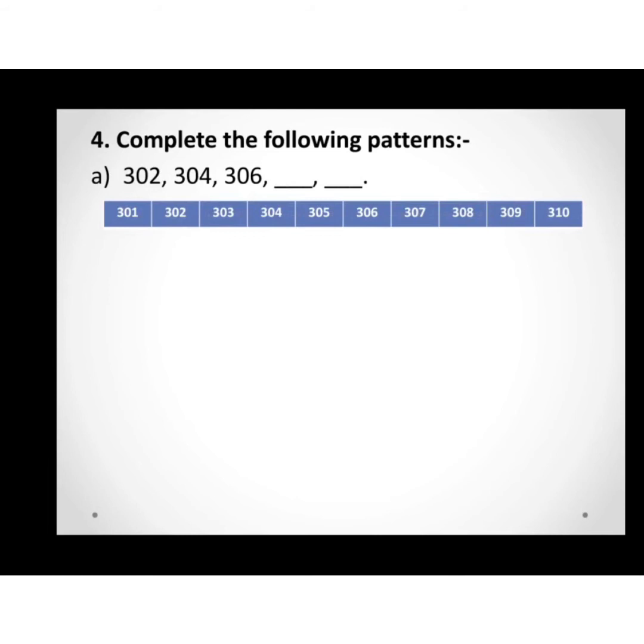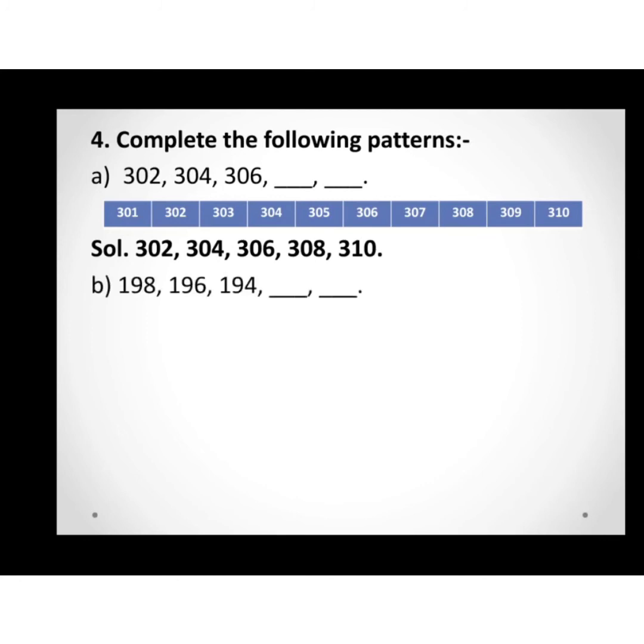After 306, if you jump 2 steps at a time, you will get 308. And after that, you will get 310. So our answer is 302, 304, 306, 308 and 310.